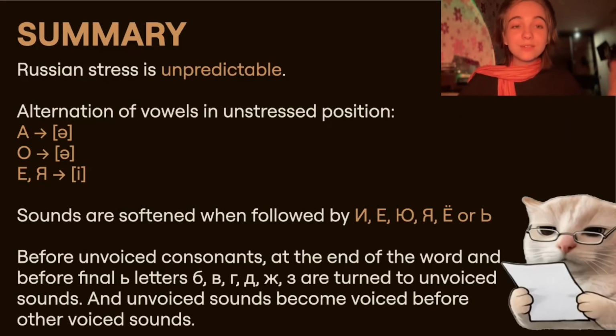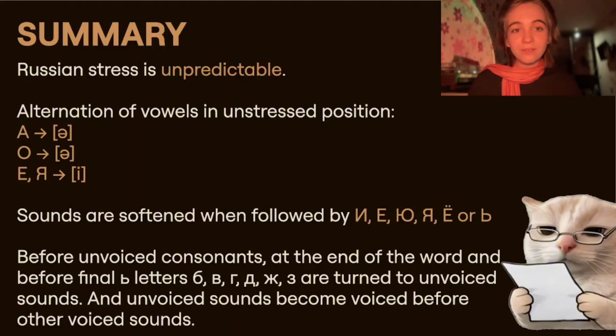So, let's review everything we have learned today. Russian stress is very unpredictable and can fall on any syllable in a word. How to memorize? Just repeat after native speakers. Also, we have learned about alternation of vowels in unstressed position. Unstressed a goes to unstressed o, and unstressed ye and ya go to i.